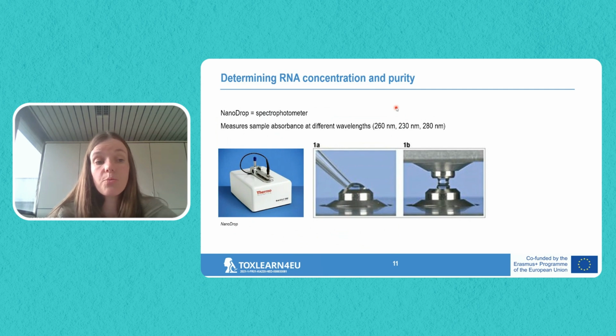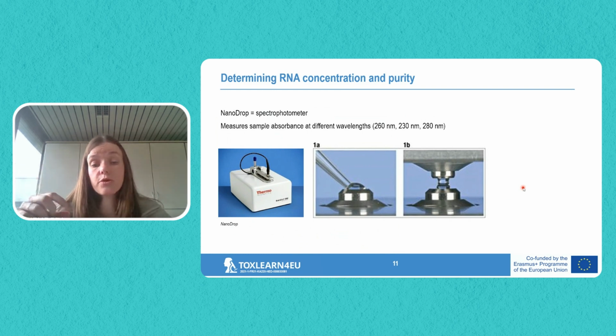So the nanodrop works based on the same principle, but instead of using a 1 milliliter sample in a cuvette, you just add a drop of 1 or 2 microliters of solution onto this sample pedestal over here. Then you close this upper part, and you get the formation of a liquid column.